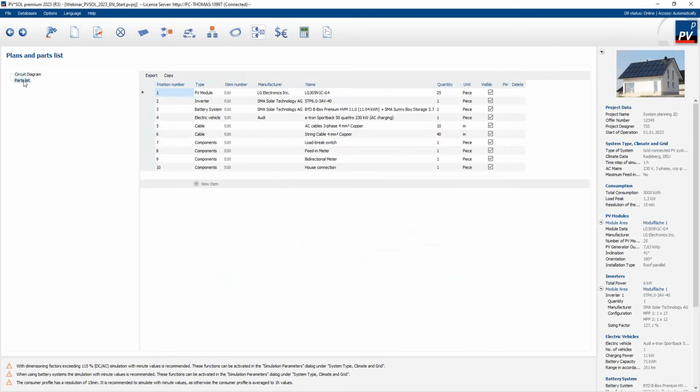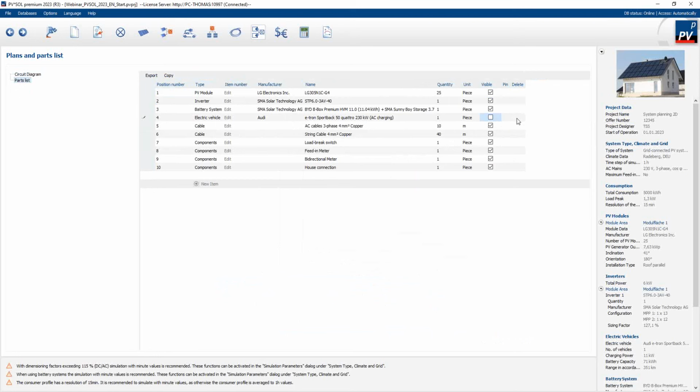Then we have the parts list, also depending on the definitions we have made. You can decide if they should all appear in the presentation. The electric vehicle is, in my opinion, not part of the PV system, so we remove it here in the visible column. We remove the hook, and then it's out of the presentation.